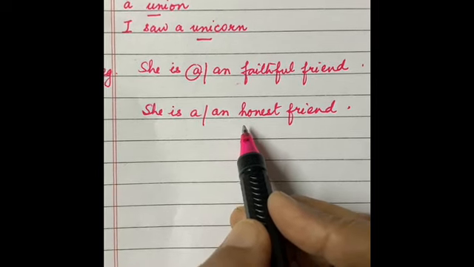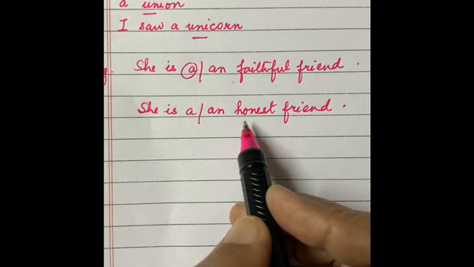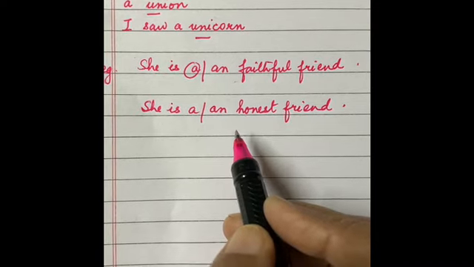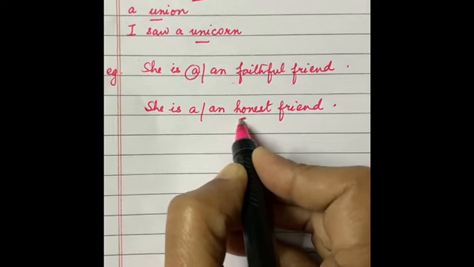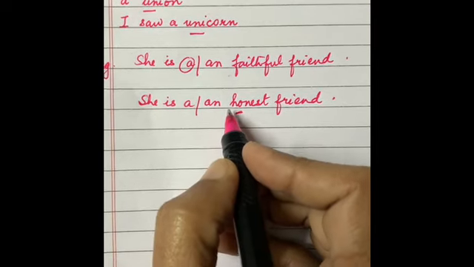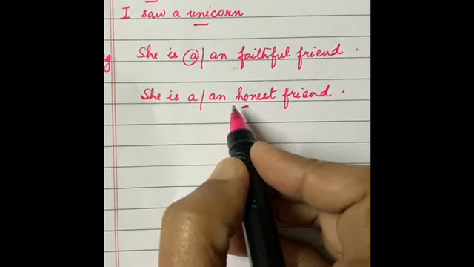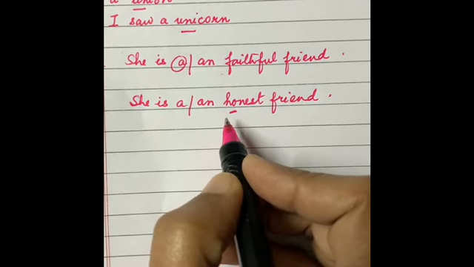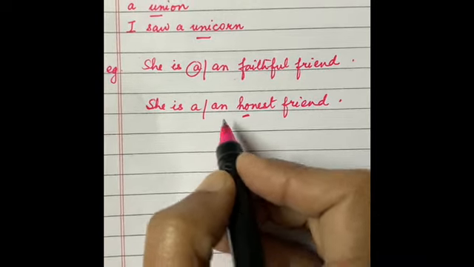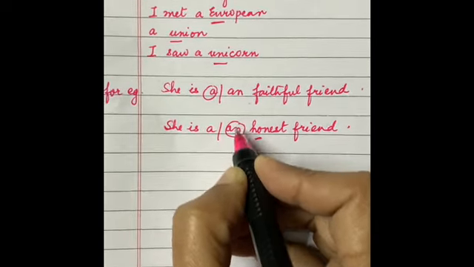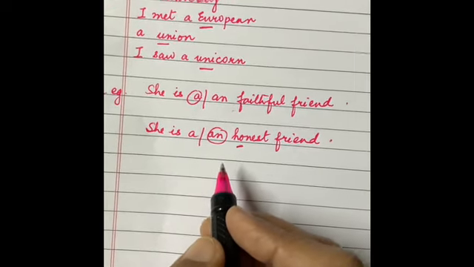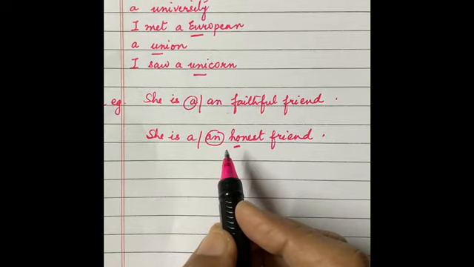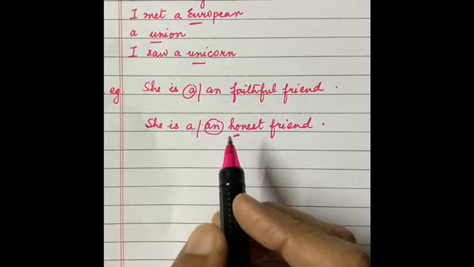And as before, we will put the article according to the adjective and not according to the noun in this sentence, because it has the sound O. Though it begins with consonant H, it has the sound of a vowel, honest. That is why the sentence will be, she is an honest friend. Similar sentences, but a change in article because of the changed adjective.